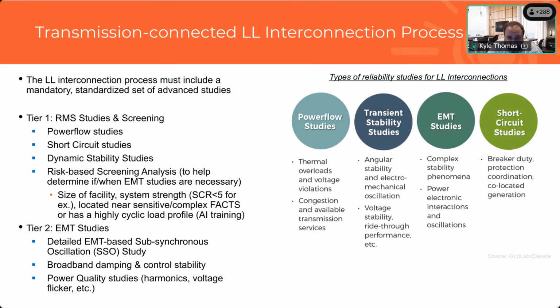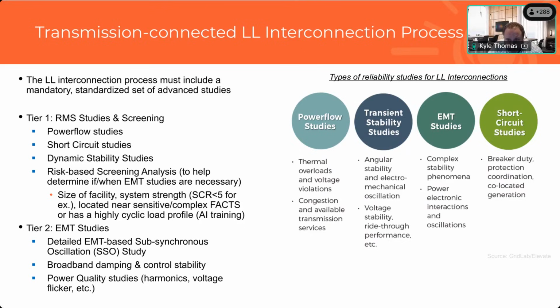Or facilities that have a highly cyclic load pattern that Ahmed mentioned, that AI training world. If you go through those screening criteria and apply them on a project by project basis, you'll find which of these types of projects are essential to perform EMT studies.